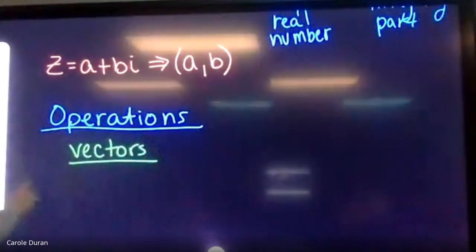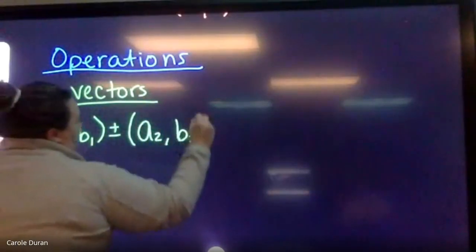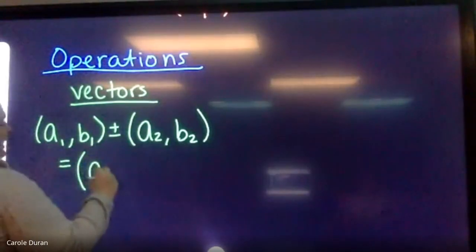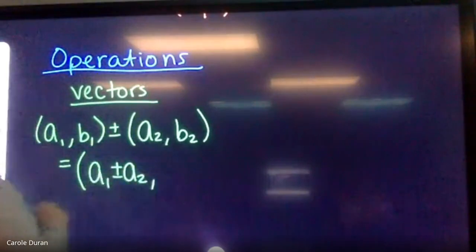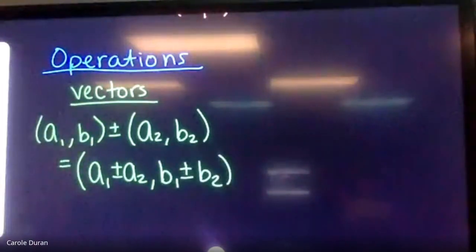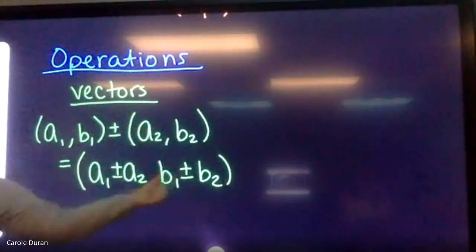If I am adding or subtracting two vectors, (a1, b1) and (a2, b2), plus or minus, because it works the same for both, that simply means that I would add or subtract my like terms a and my like terms b to get whatever my new vector is. So we did this before with real numbers. It just says that I take my two a's, put them together, and my two b's, put them together, and rewrite my coordinate.